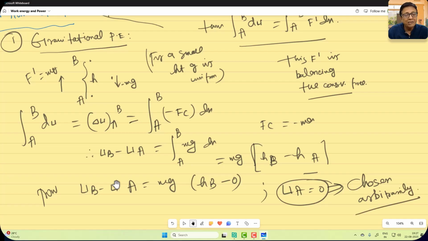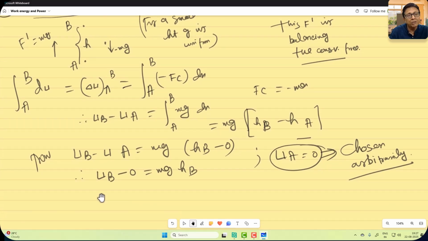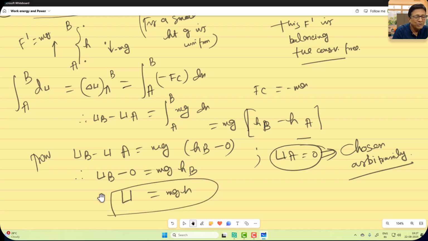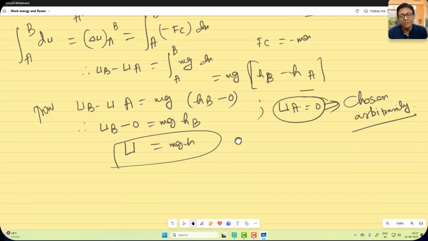Somebody can take some different answer, no problem. So UB minus 0 equal to mg hB. hB we have taken h above the ground, so potential energy will be mgh. You do integration, you do this method, it will be the same thing.